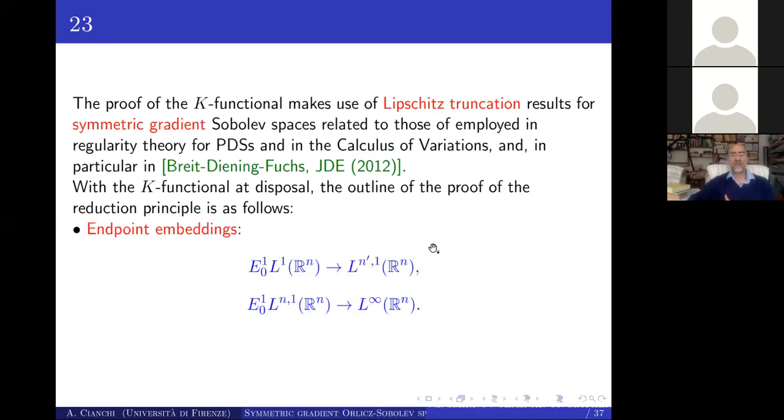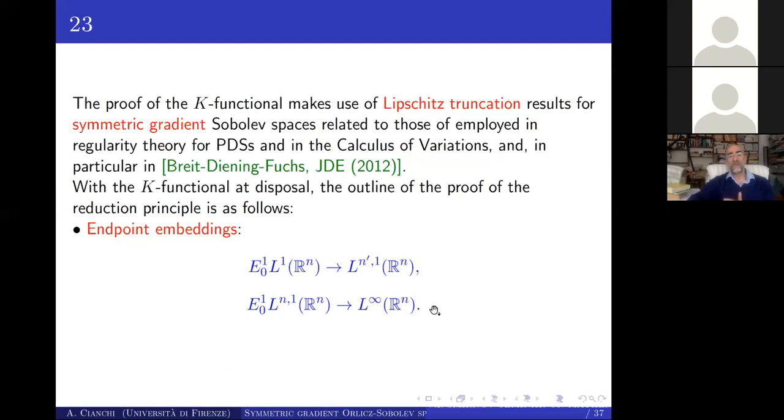One starts with the endpoint embeddings for these spaces. So the first one is the one that was proved by Spector and Van Schaftingen, which tells you that E11, let's say, is embedded into this Lorentz space. This is one endpoint where the domain space is the largest possible in a sense because we have L1 node.